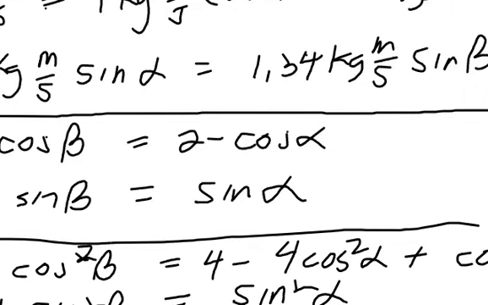Adding both sides of the equations up, I'm going to get 1.84, because when I add cos squared and sine squared, it gives me 1. That's equal to 4 minus 4 cos alpha, and then plus 1, because sine squared alpha and cos squared alpha are equal to 1. And then you could just solve from there. So the key is to write these in terms of each other, square both sides, and add both sides of the equation.